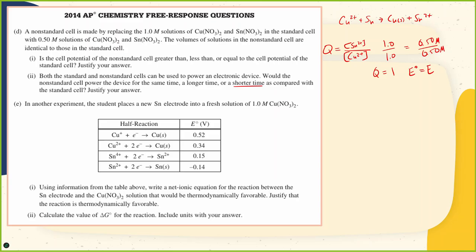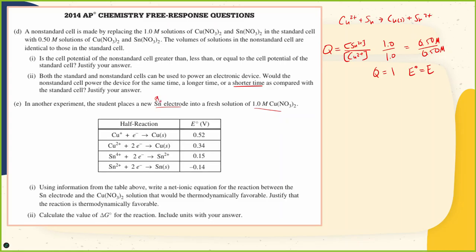All right, so here's the electrolysis. A student places a new electrode into a fresh solution. I don't know why they're placing the tin electrode into a fresh solution of that. That doesn't seem right. I think this is supposed to be a copper one.